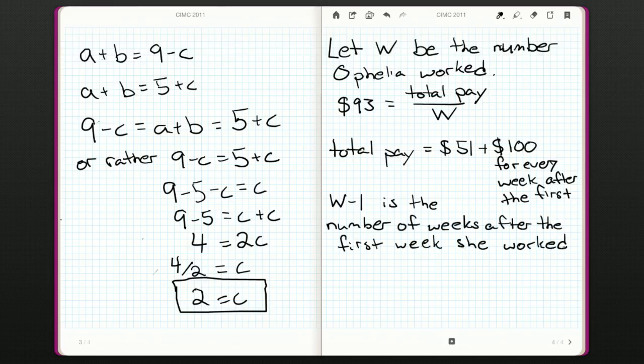She works 1 week. In total, she works W weeks. So how many weeks after the first week has she worked? W minus 1. Total number of work weeks minus that first week. So now, total pay is 51 plus 100 times that number of weeks after the first week, so times W minus 1.